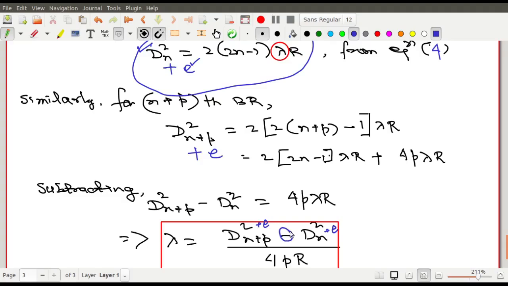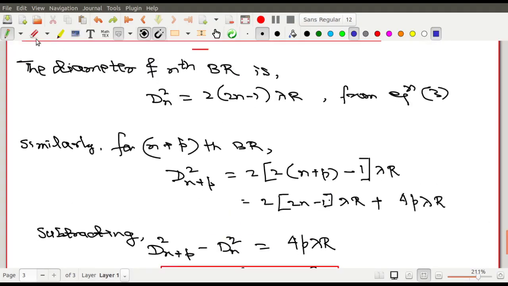Due to the negative sign between them, the error is removed. So that is the reason that instead of using equation 4 directly, which gives you the unknown wavelength, we still prefer to take the difference of the two equations and finally calculate the wavelength.